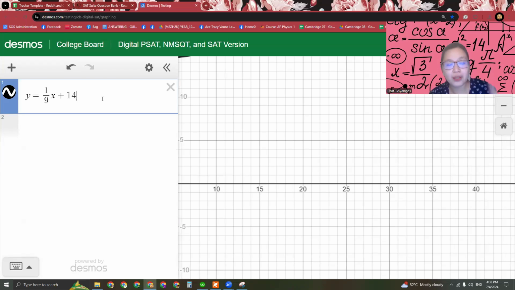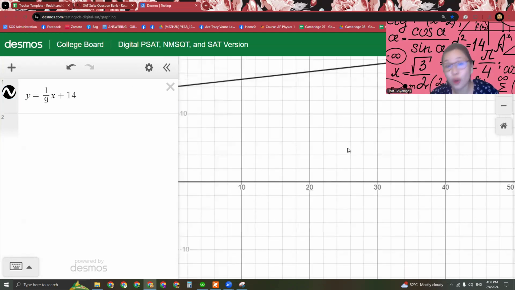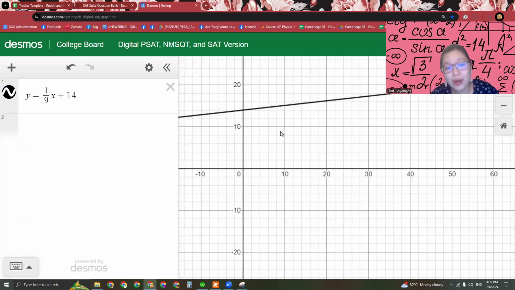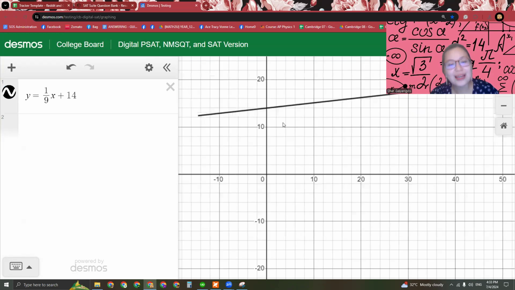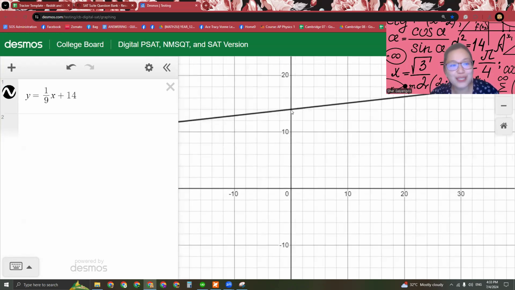But remember, on the actual SAT, the level of difficulty differs, and you might be dealing with more complicated numbers, and that's why I'm already showing you as early as now how to use Desmos when dealing with complicated equations, okay?